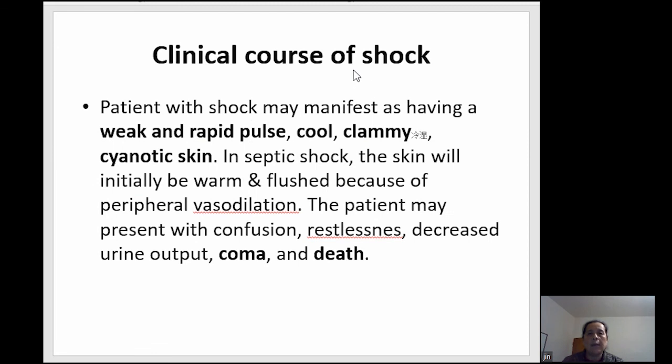When we talk about shock, what symptoms show up clinically so that we know the person is in shock? Basically, when people get shock and we feel the pulse, it is usually weak and rapid.